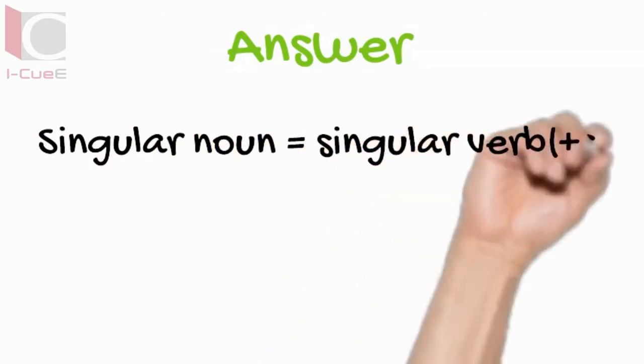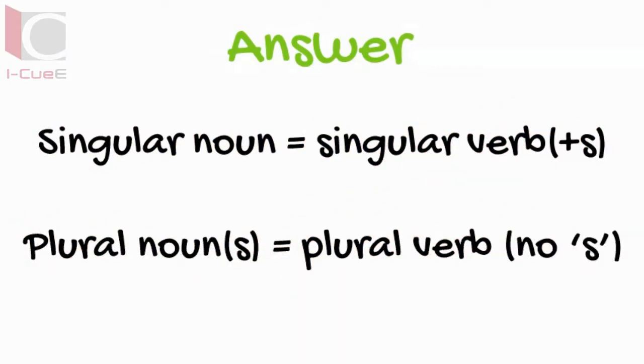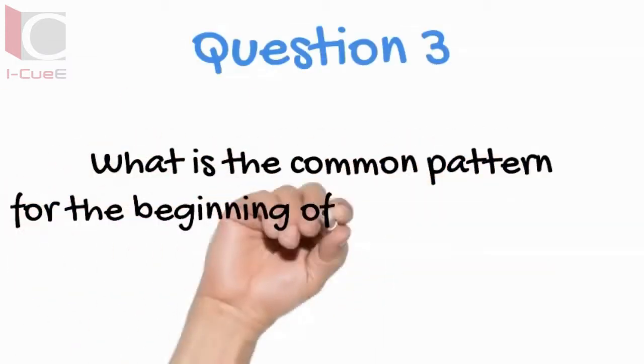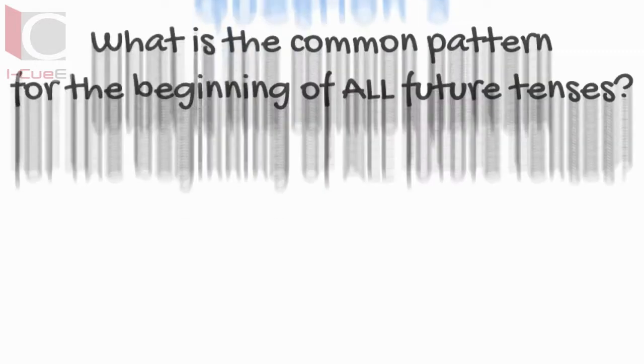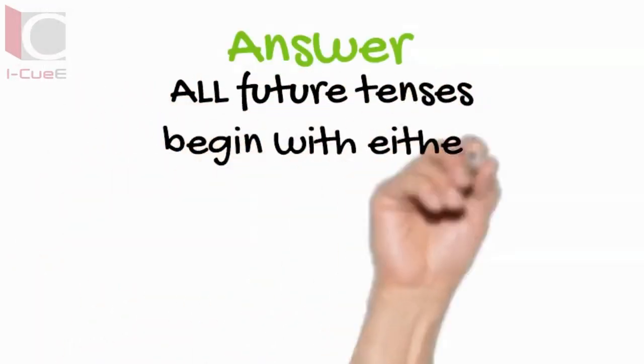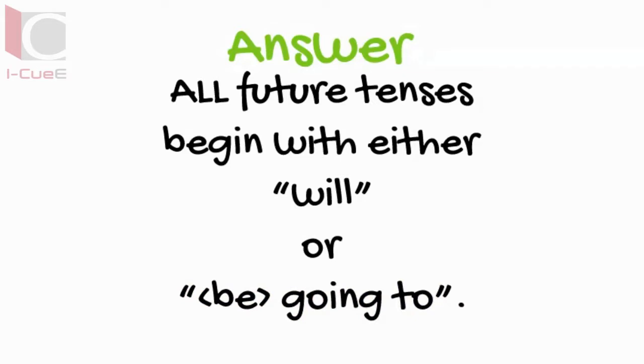Singular noun equals singular verb plus s. Plural nouns equal plural verb, no s. What is the common pattern for the beginning of all future tenses? All future tenses begin with either will or be going to.